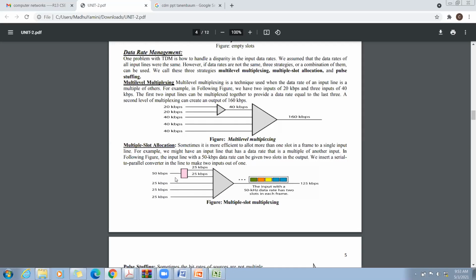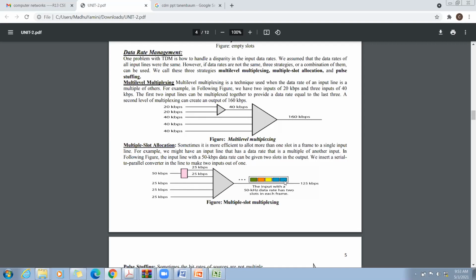How many inputs do we have? 1, 2, 3, 4. In the multiplexer, how many have we sent? We have passed through the multiplexer 1, 2, 3, 4, and 5. That is the reason that in the frame also we need to have 5 slots. For the inputs passed into the multiplexer, slots are allocated in the resultant frame.